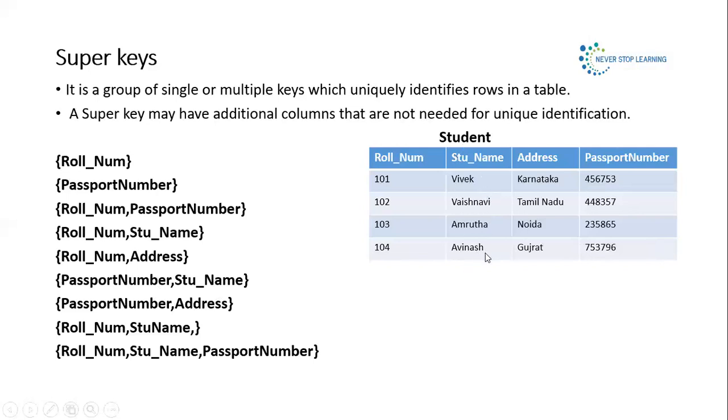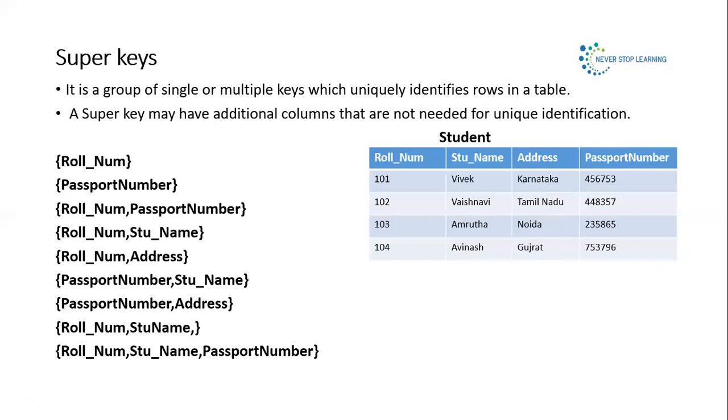Because right now there is no duplicacy, but there are chances that two people can have the same name. So we cannot take that risk, and we cannot make student name alone a super key. Similarly for address, there is a possibility that more than one person is a resident of Karnataka or Noida, so we cannot make address a super key either.